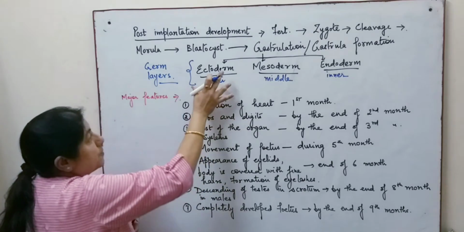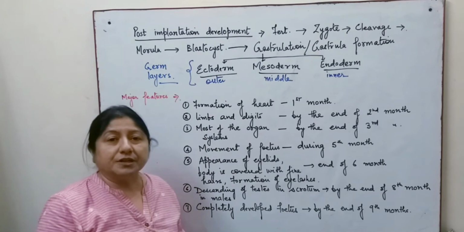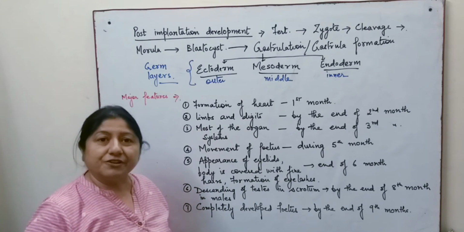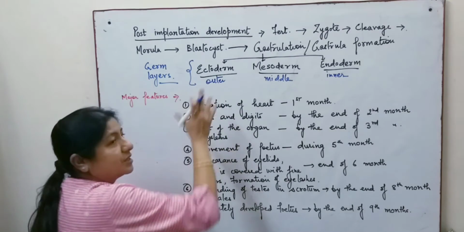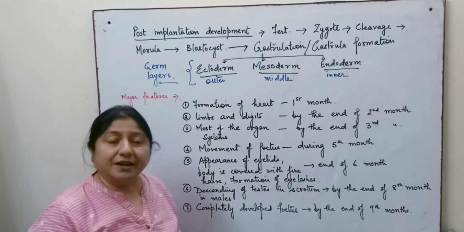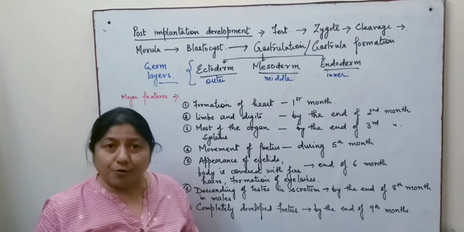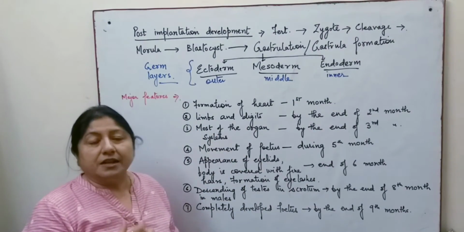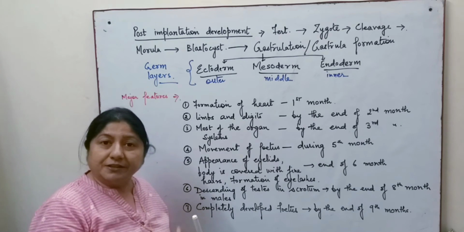So the ectoderm will be forming the lining of the alimentary canal, the salivary glands, and many more, the outer skin and all that. The mesoderm, on the other hand, will form various other important parts, and the endoderm will be forming the heart, the liver, all the other internal parts.